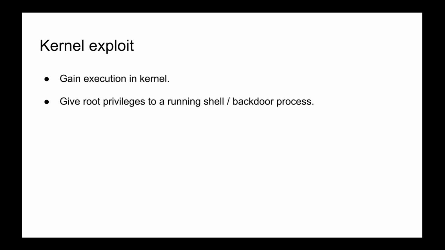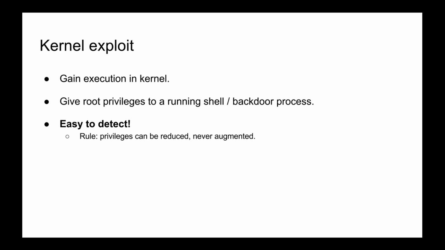Once that hacker has gained execution in the kernel, his goal will be to grant root privileges to a running shell or backdoor process through poking in the kernel's data structures. That's fortunately very easy to detect.